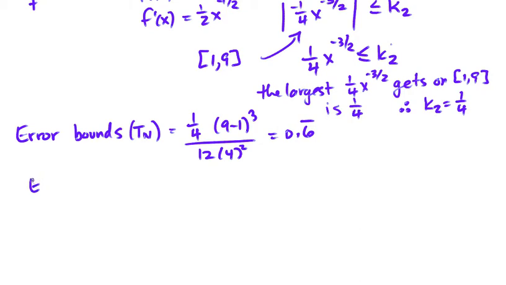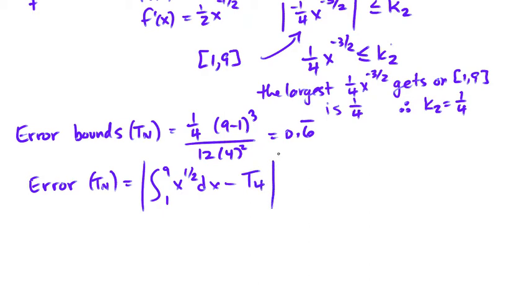If I go and calculate the actual error, I get the integral from 1 to 9 of x to the 1/2 dx, take away what I calculated above, t sub 4, and I get about 0.1055659.